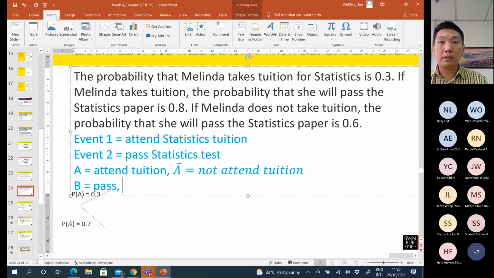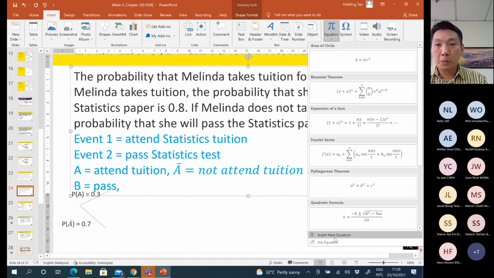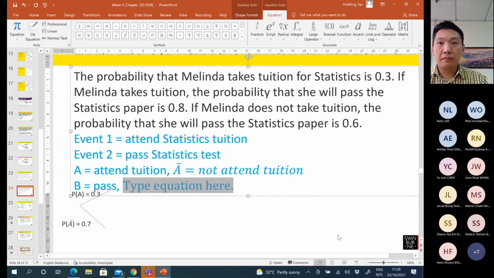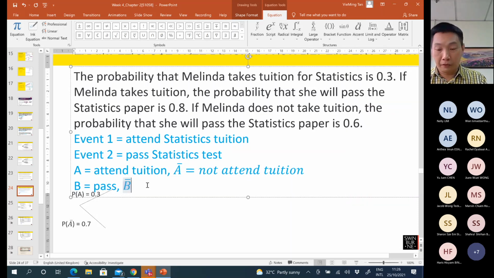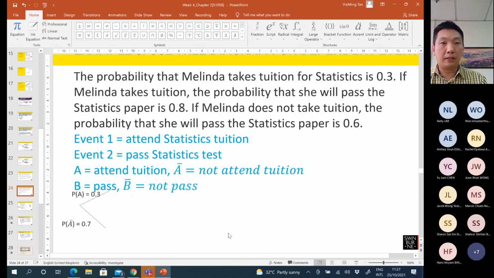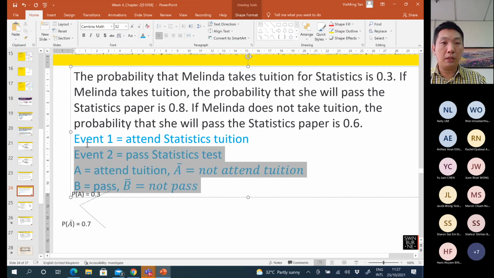So I just put not pass. You can put fail if you want, or I can just put not pass the statistics test. This one I use a smaller font so they can have more space later on.